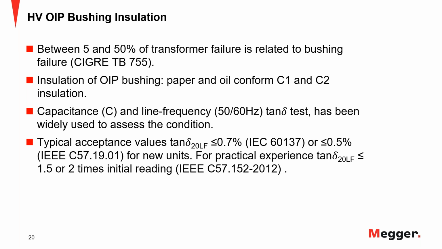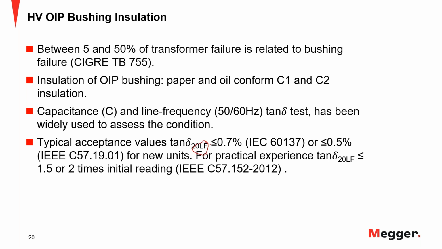So the other thing here is, how do I assess the information that I get? According to the standards and the technical references, we have basically different values. If we look, for example, at service-aged bushings, we have a tan delta, or a power factor, at 20 degrees C line frequency.